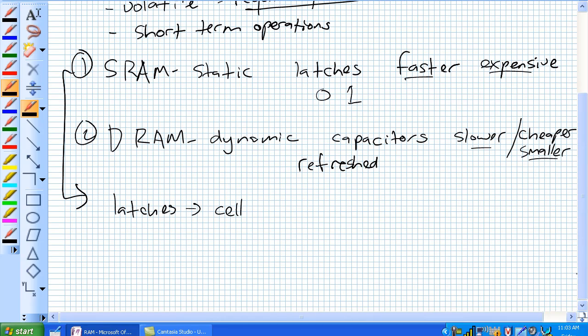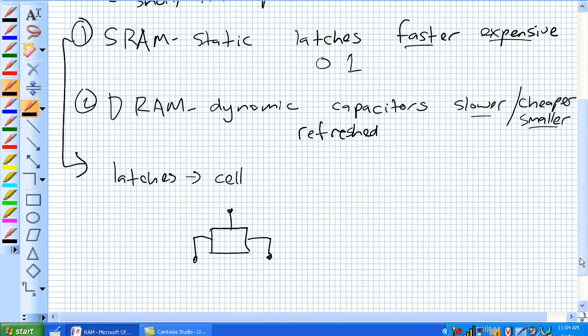Doesn't really matter what's inside the cell, but each individual cell has 3 connections: data in, data out, and a select.